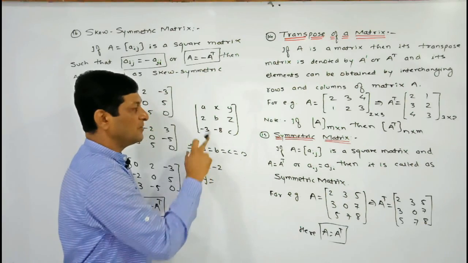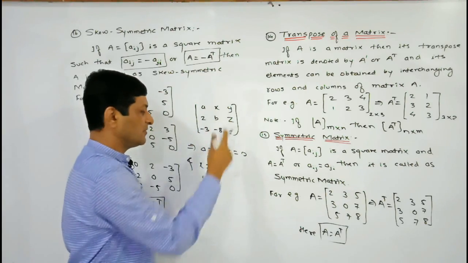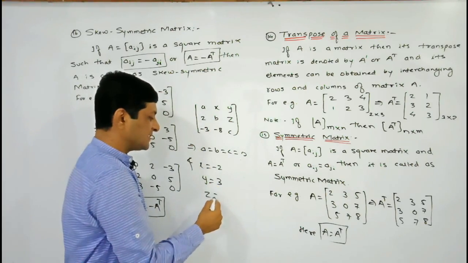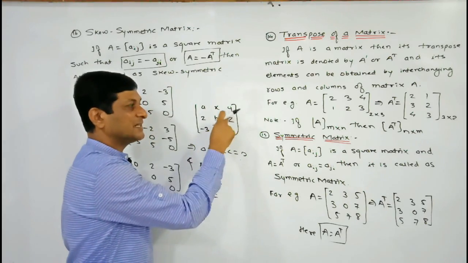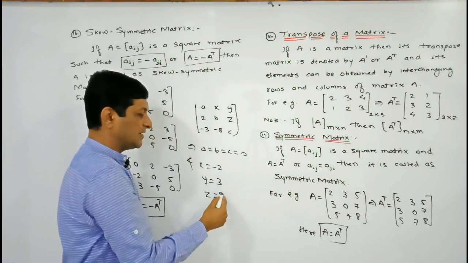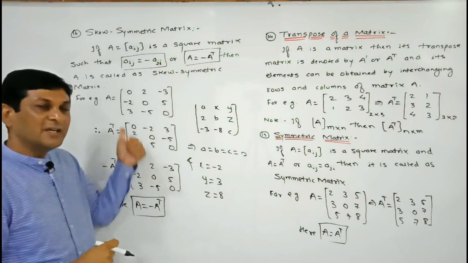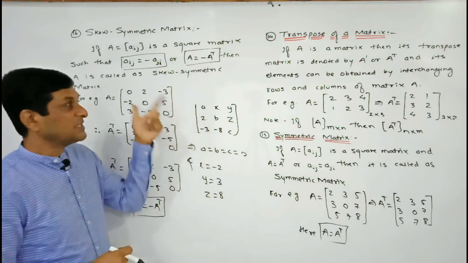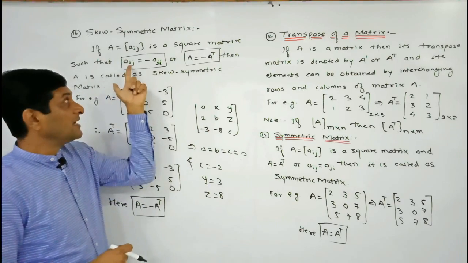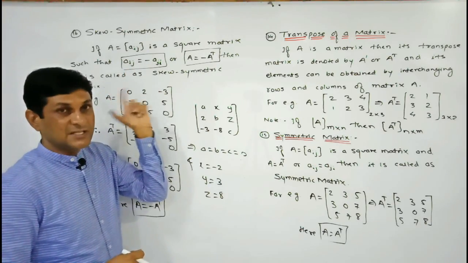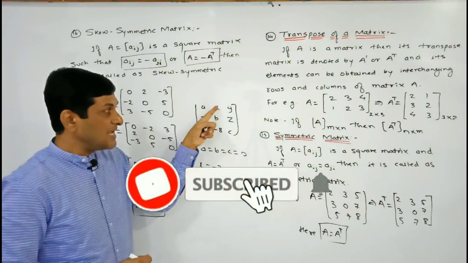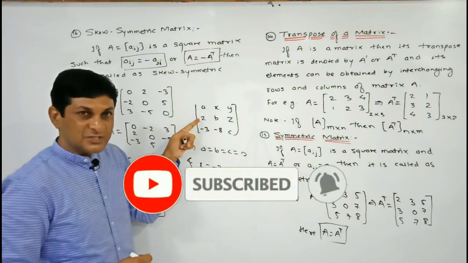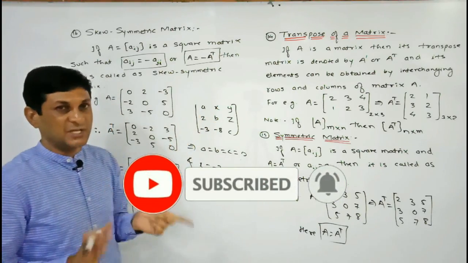Y की वैल्यू क्या होगी? यहाँ पे माइनस 3 है तो यहाँ पे कौन होगा? प्लस 3. In the same way Z will be equal to, यहाँ पे अगर माइनस 8 है तो यहाँ पे प्लस 8 होना चाहिए, मतलब Z की वैल्यू 8 होनी चाहिए, because this matrix is skew symmetric, means it satisfies the condition that Aij is equal to minus Aji. Aij और Aji का साइन चेंज होना चाहिए.